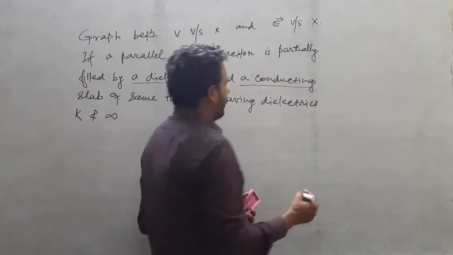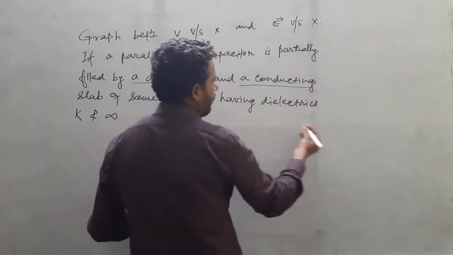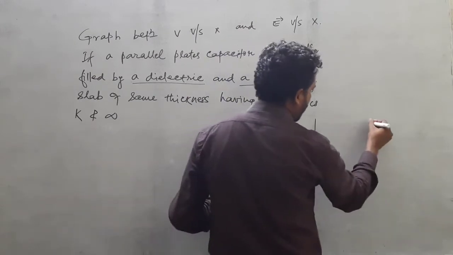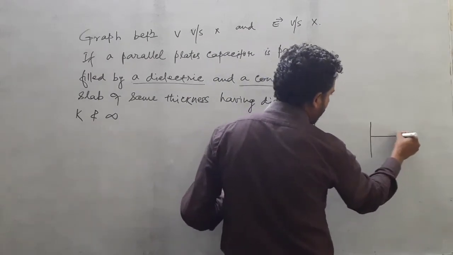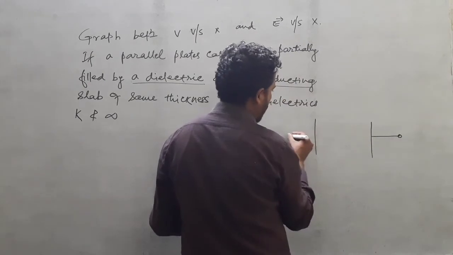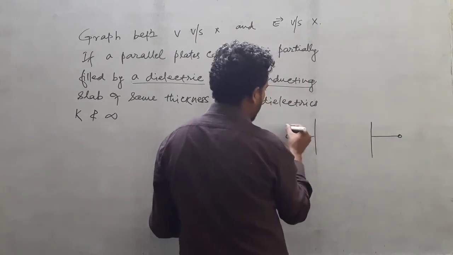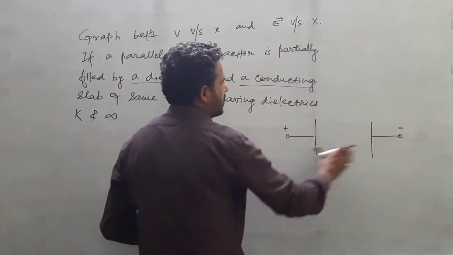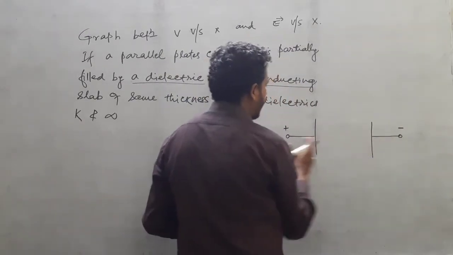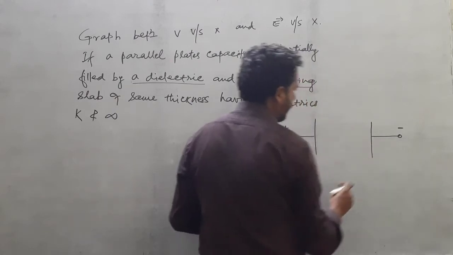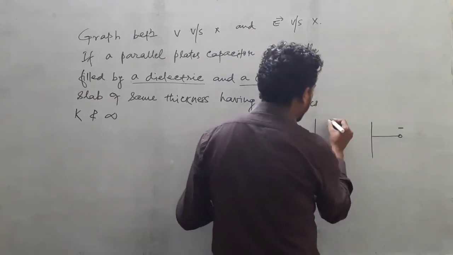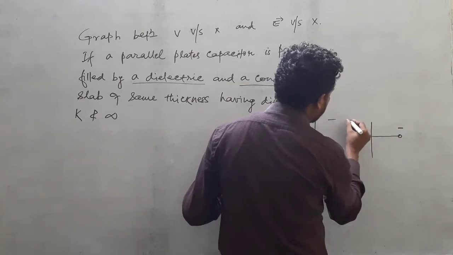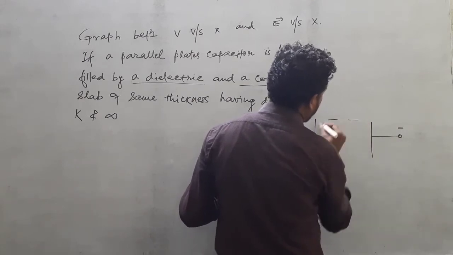So now we see there is a parallel plate capacitor. Its terminals are connected to positive and negative potential. Now here I want to put two slabs of the same thickness.